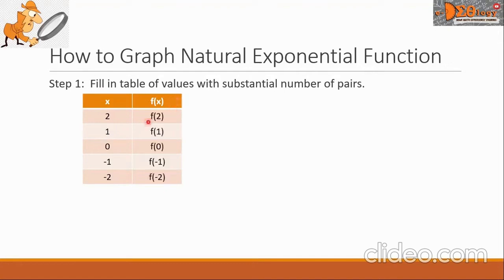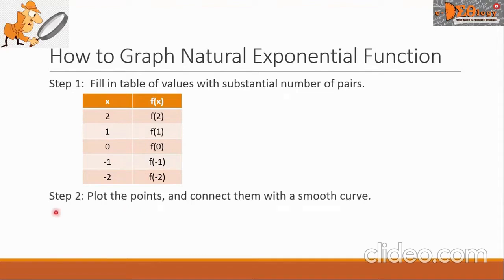And this means we have f of 2 corresponding to the value of x, that is 2, and f of 1 corresponding to the value of x, which is 1, f of 0 corresponding to the value of x, which is 0, f of negative 1 corresponding to the value of x, which is negative 1, and f of negative 2 that corresponds to the value of x as negative 2.